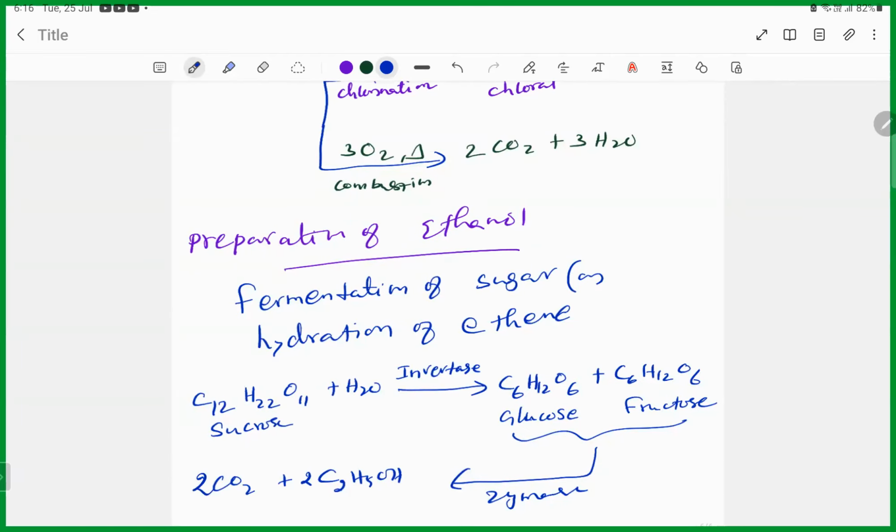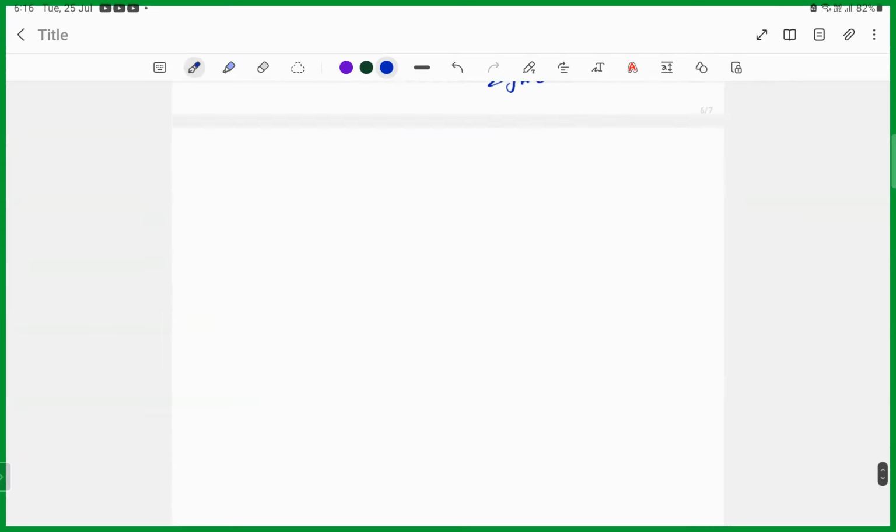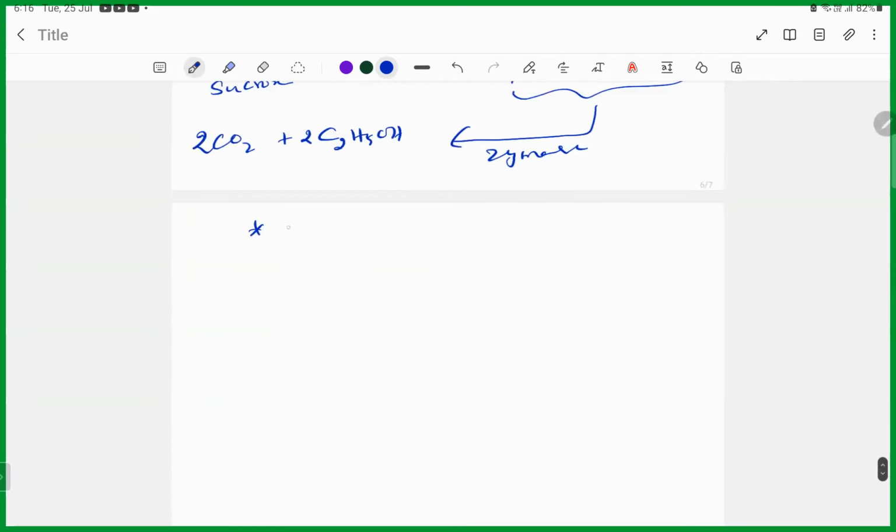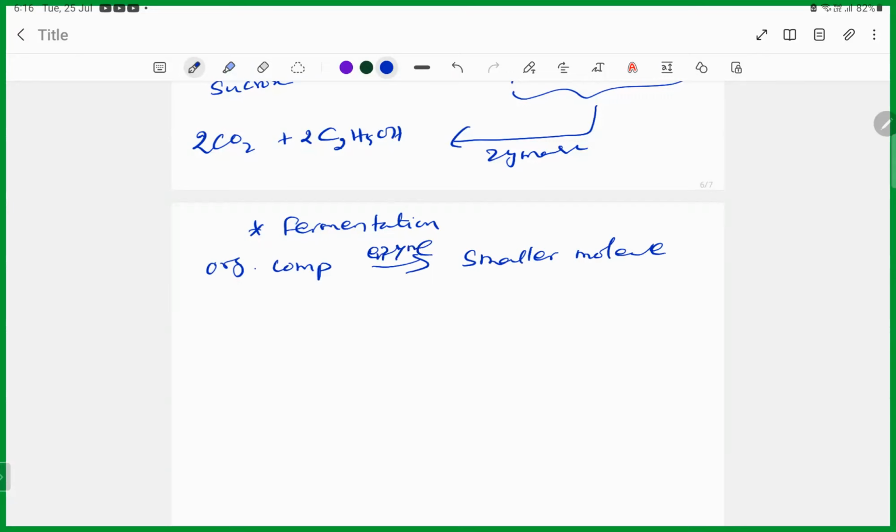So this is known as the preparation of ethanol in industry, by using fermentation. Here, an organic compound is broken into smaller molecules by enzymes, which is known as fermentation. The enzyme we are using here is yeast.